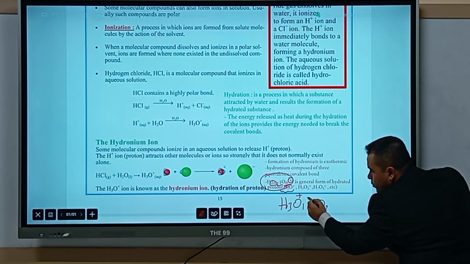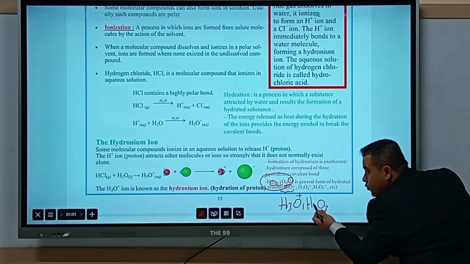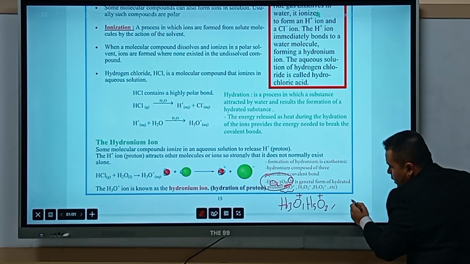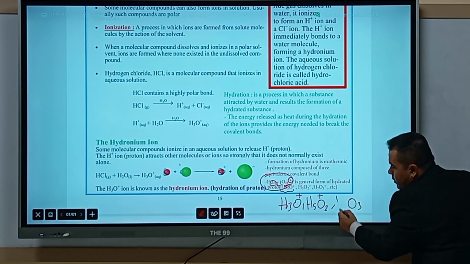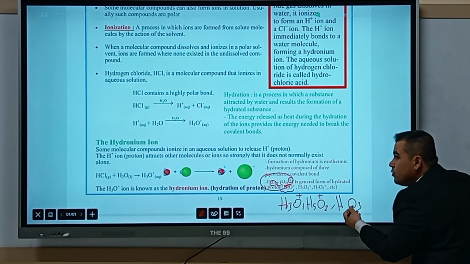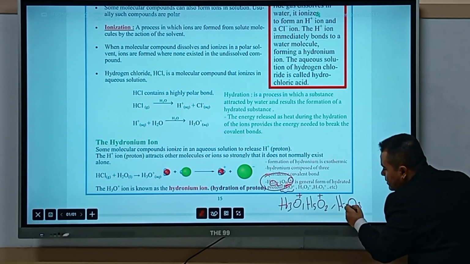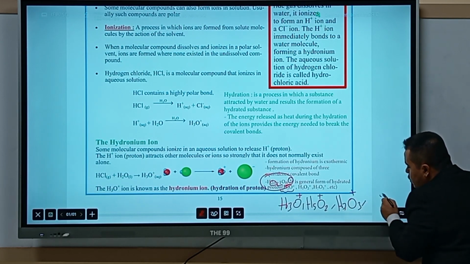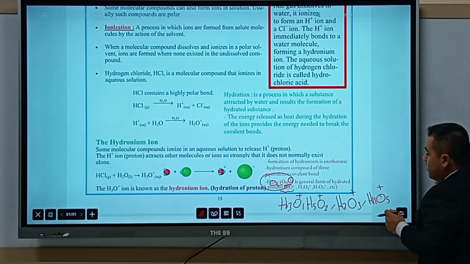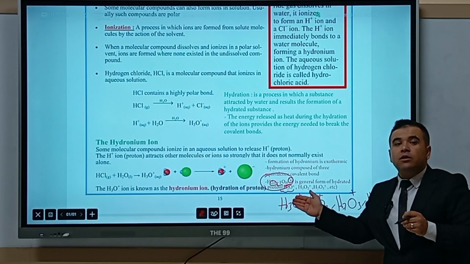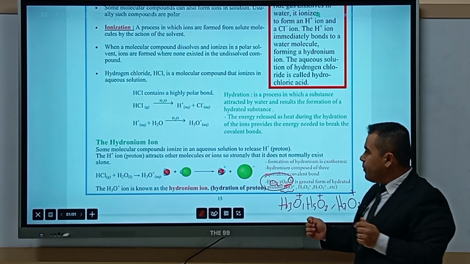If oxygen is 2, multiply 2 by 2 is 4, plus 1, 5. If oxygen is 3, multiply 3 by 2, 6, plus 1, 7. If oxygen is 5, multiply 5 by 2, 10, plus 1, 11. These are all hydrated protons.